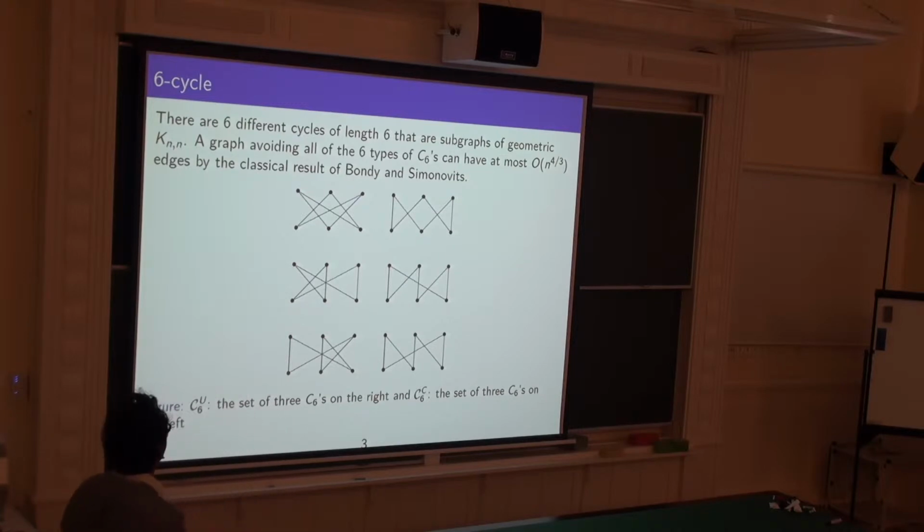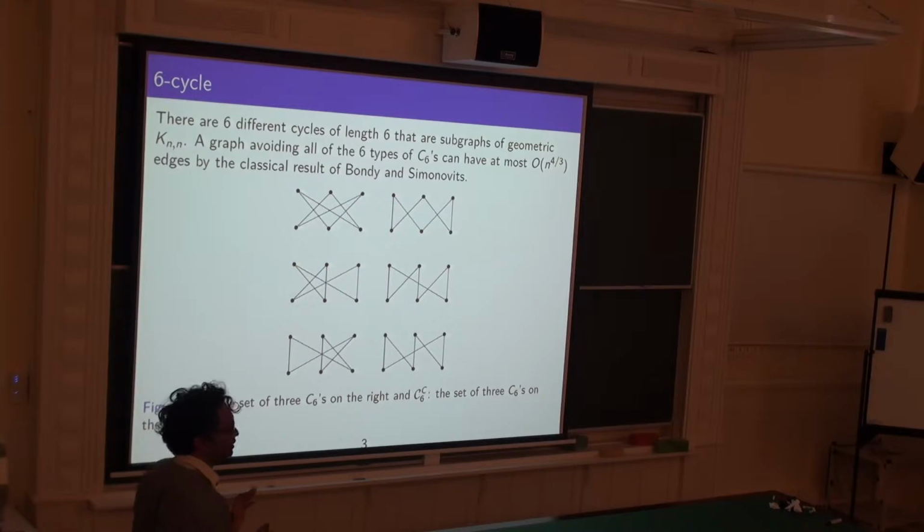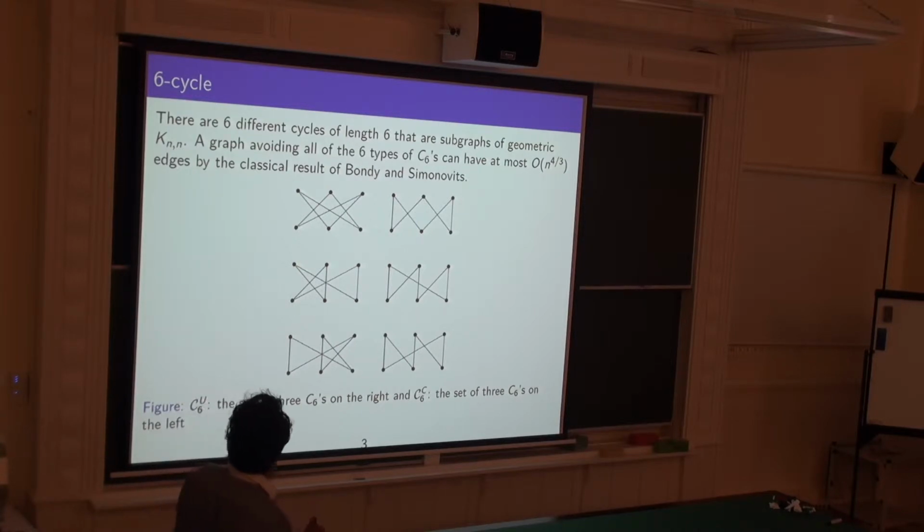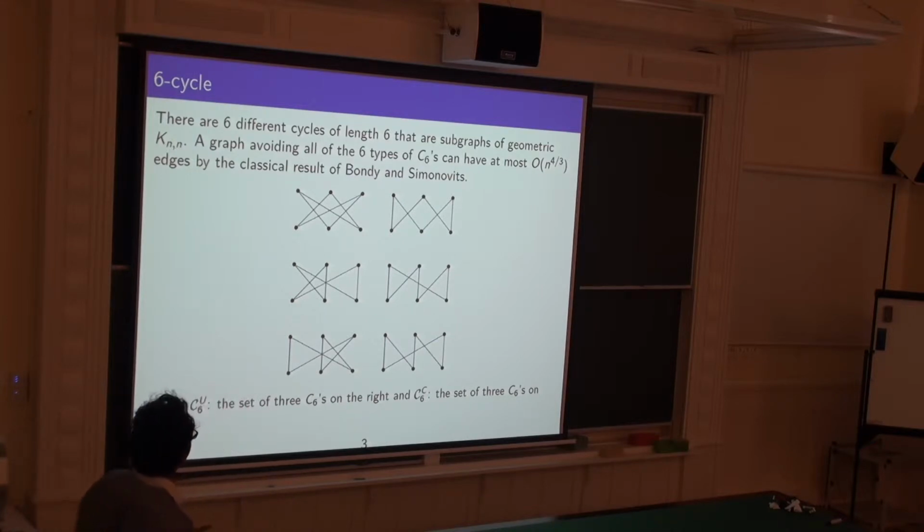There are 6 different cycles of length 6 which are subgraphs of this geometric K_{n,n}. Depending on the order of the top 3 vertices and the order of the bottom 3 vertices, it's easy to see that these are the 6 different types of 6-cycles we have.